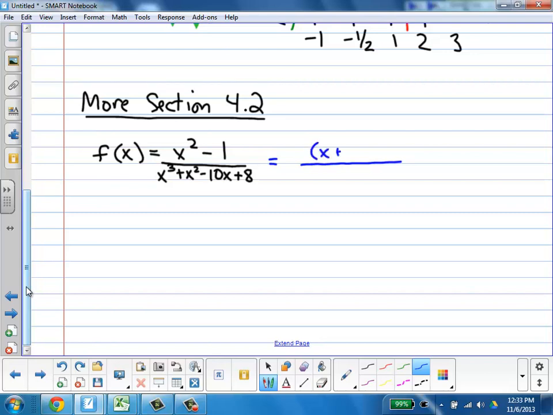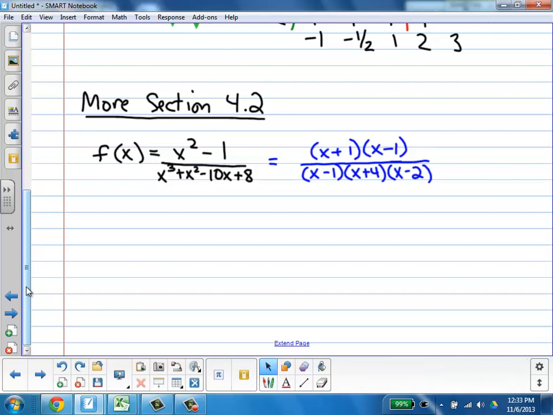You should have gotten x plus 1 times x minus 1 on top, and x minus 1, x plus 4, x minus 2 on the bottom. That denominator, you want to do a synthetic division or something to break it down, but you should be able to get that. Notice there's an x minus 1 on the top and the bottom.